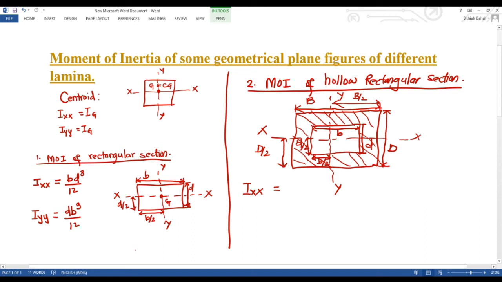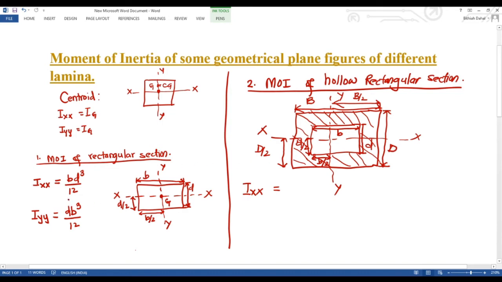Then I get the moment of inertia of the hollow rectangular section about the x-axis. For this outer rectangle, I have capital B for width and capital D for its depth.